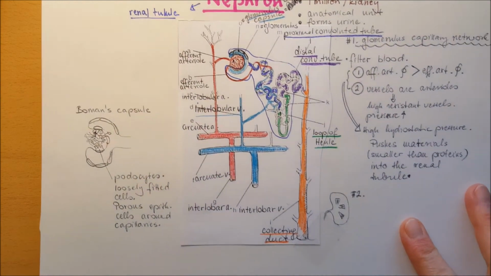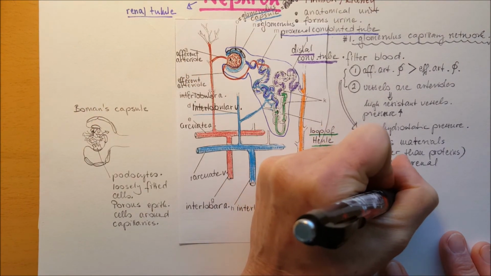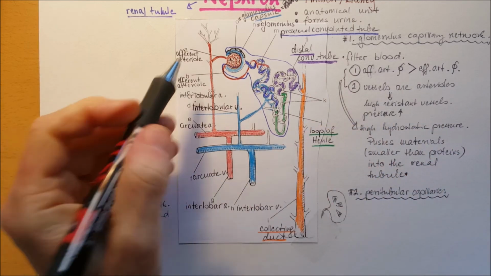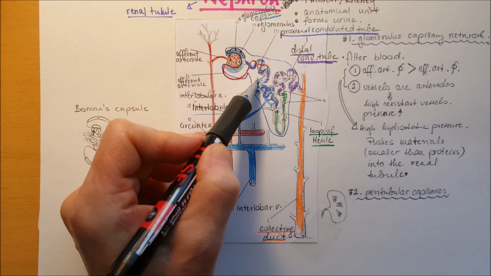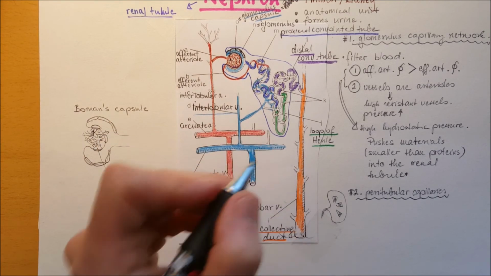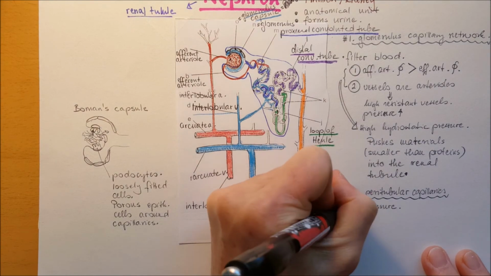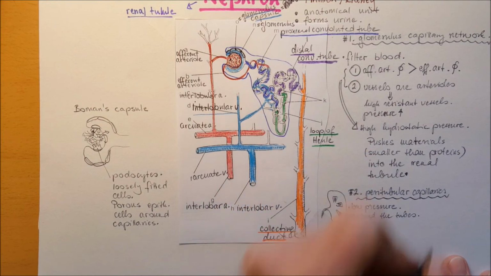So let's talk about another capillary network, and the second one will be the peritubular capillaries. What is the point of the capillaries that surround the proximal convoluted tubule, distal convoluted tubule, as well as the loop of Henle? This is a low pressure area because they are venules, most of them.